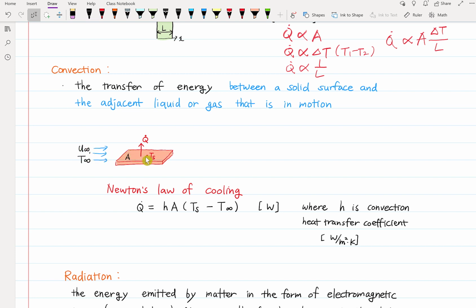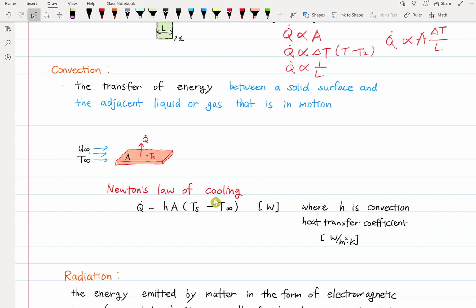There is a temperature difference between the adjacent fluid and the solid surface. So there will be heat transfer from the plate to the surroundings if the surface temperature of the solid is greater than the surrounding fluid.